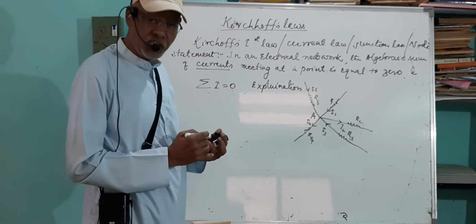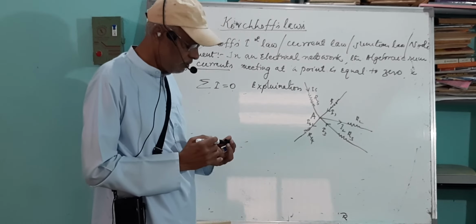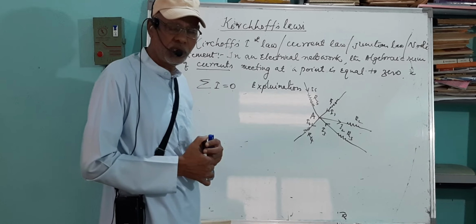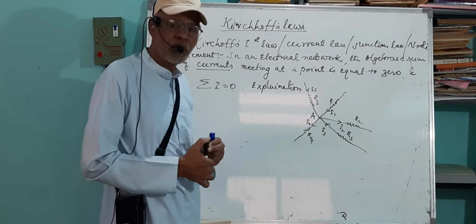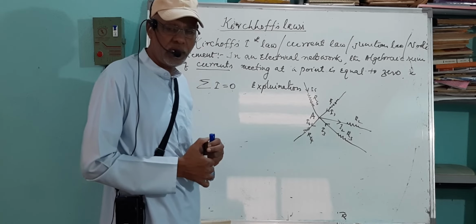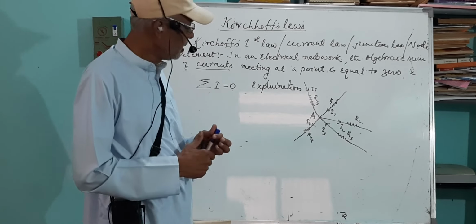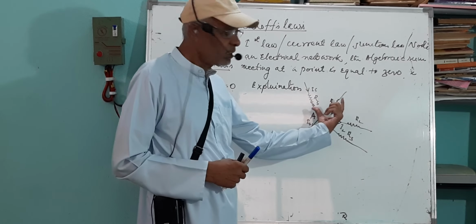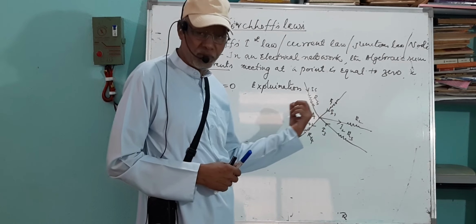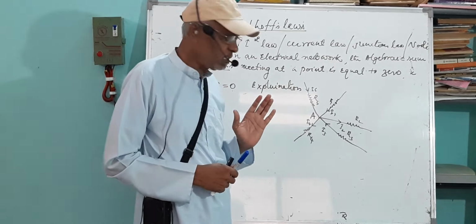For the explanation, we consider five resistors having resistance values R1, R2, R3, R4 and R5. In different branches, different amounts of current are coming toward or leaving from the junction.